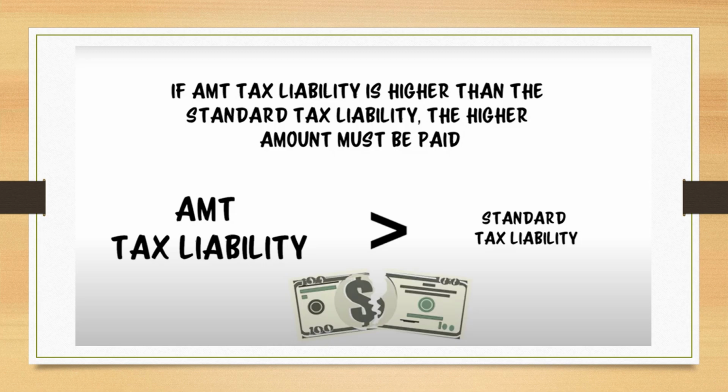So, as an example, let's say that we have someone who's subject to the alternative minimum tax, and under the traditional tax code, they owe $10,000 in taxes, but under the alternative minimum tax, they owe $20,000. That means they will have to pay the higher number of $20,000 under the alternative minimum tax calculation.